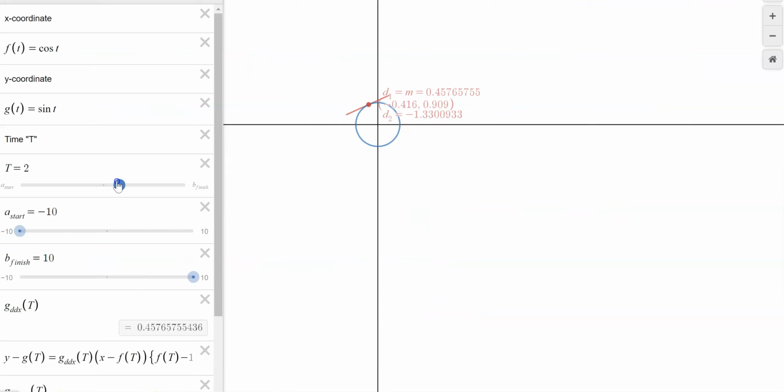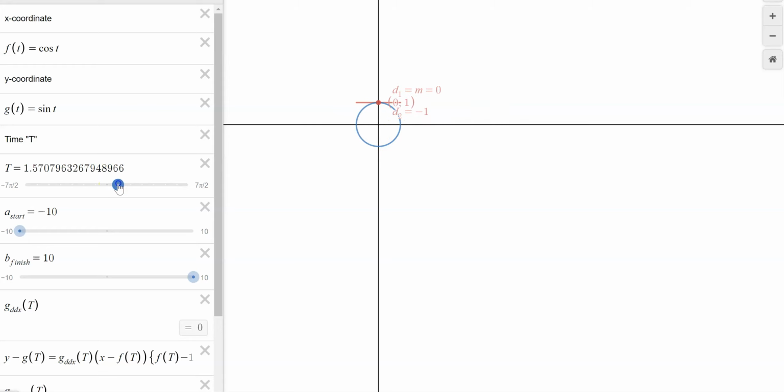So as t moves around here, you can see that every single time it hits these t values, we're getting those vertical, horizontal, and so on. So you can see here, when t is 0, we're at 1, 0, because it's a nice perfect unit circle. And we have undefined.